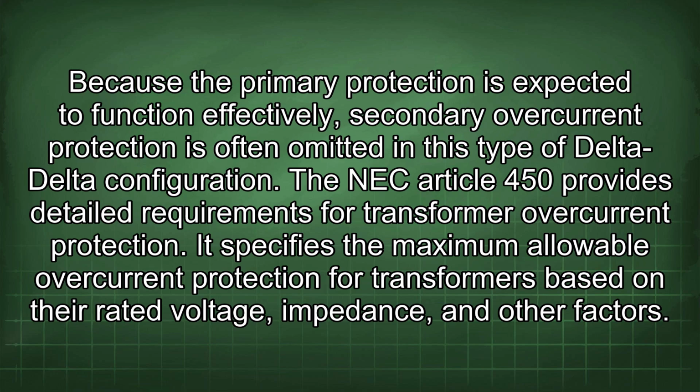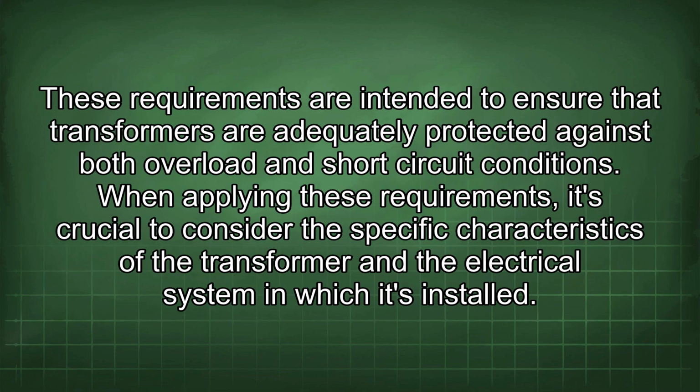configuration. The NEC Article 450 provides detailed requirements for transformer overcurrent protection. It specifies the maximum allowable overcurrent protection for transformers based on their rated voltage, impedance, and other factors. These requirements are intended to ensure that transformers are adequately protected against both overload and short-circuit conditions.